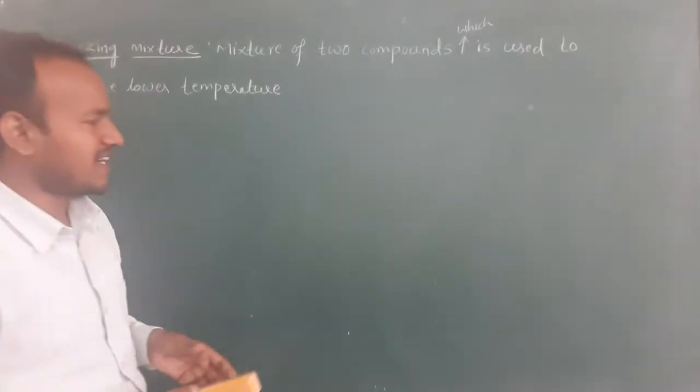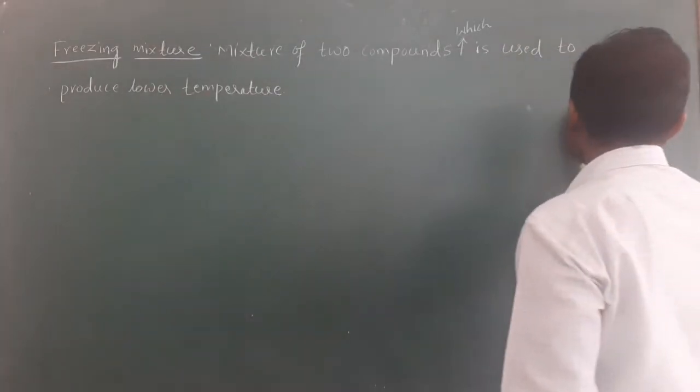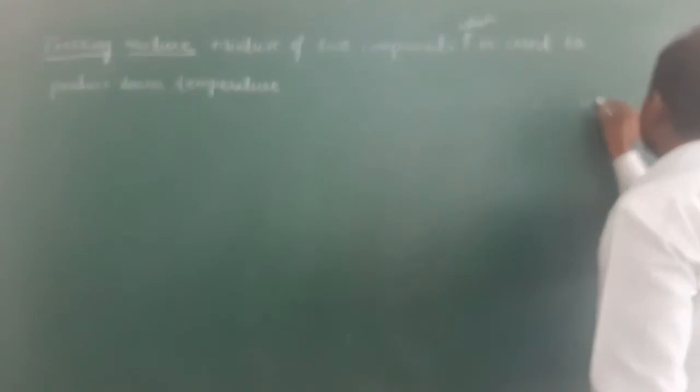For example, if I take water, the freezing point is 0 degrees Celsius. If I add around 2 gram of NaCl to this, its freezing point is now not 0 degrees Celsius. It will be less than 0 degrees Celsius.